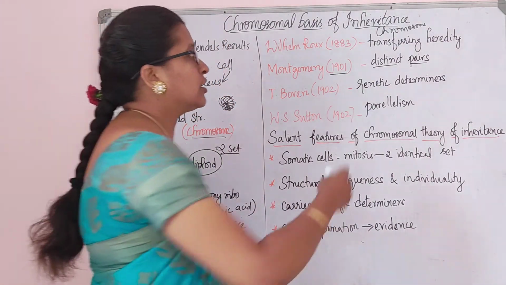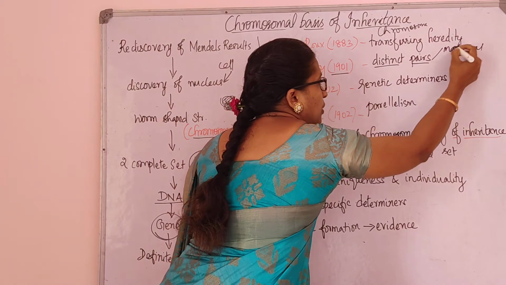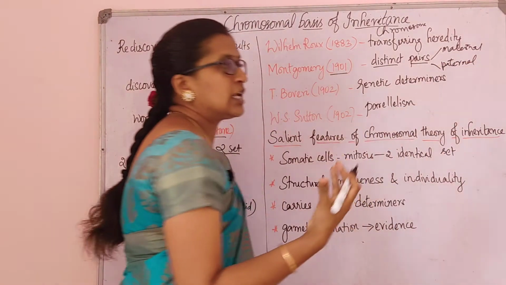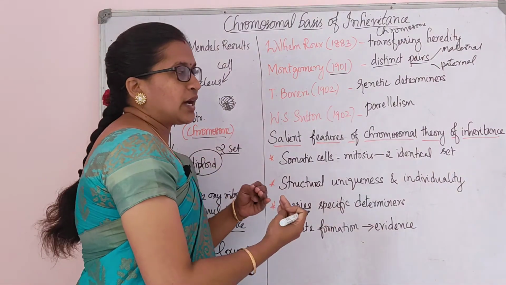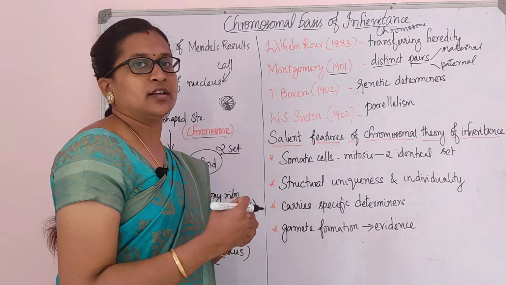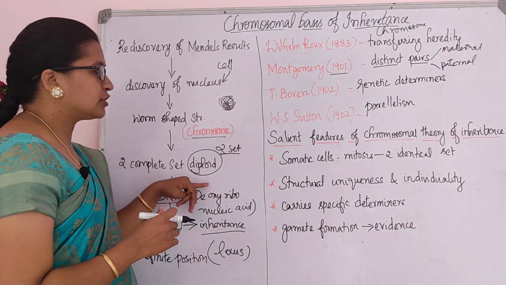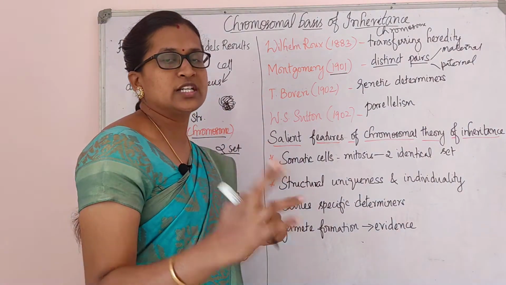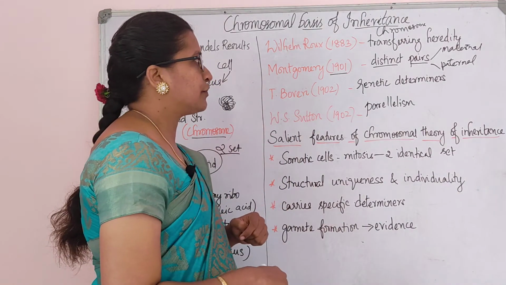He concluded that one is from the maternal and one is from the paternal parent. What is maternal and paternal? One is from the mother and another is from the father. That is, we have two sets of chromosomes. So your organism has two sets: one set from the mother and another set from the father.